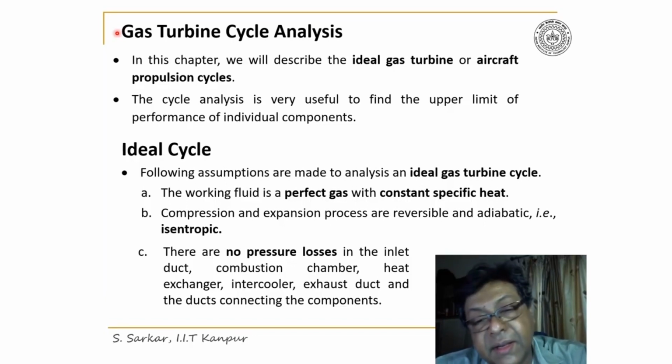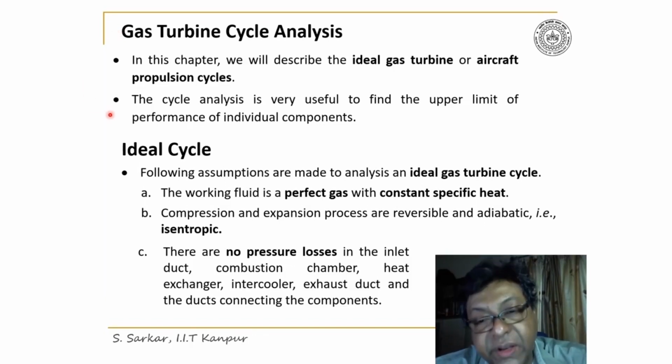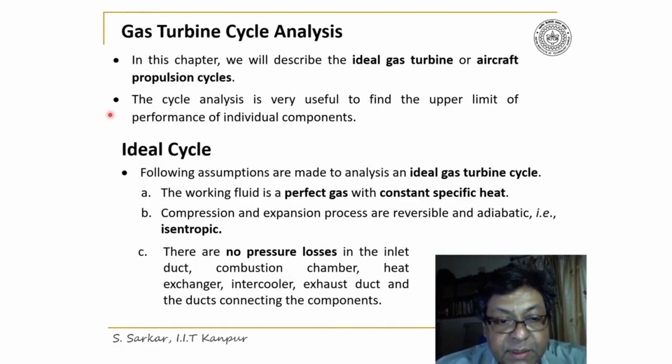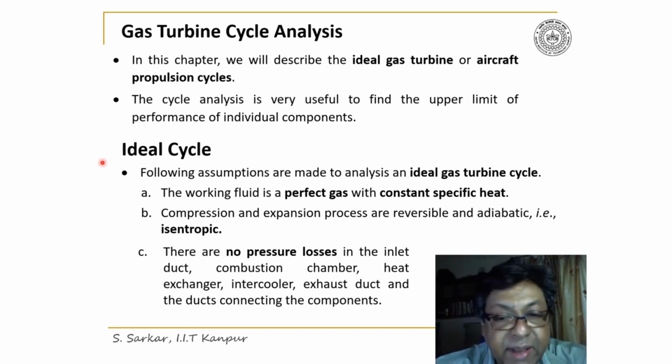The cycle analysis is very useful to find the upper limit of performance of individual components. Let's concentrate on the ideal cycle. The following assumptions are made with respect to an ideal gas turbine cycle. What are those assumptions?